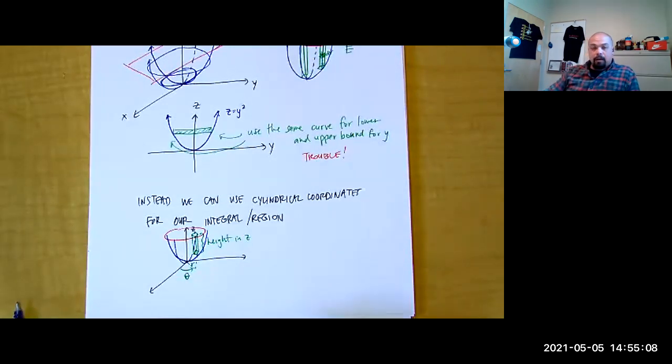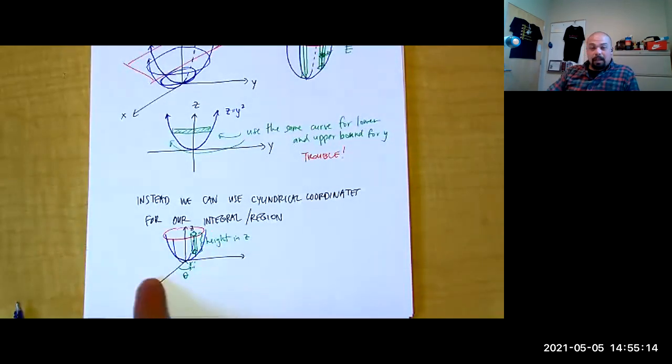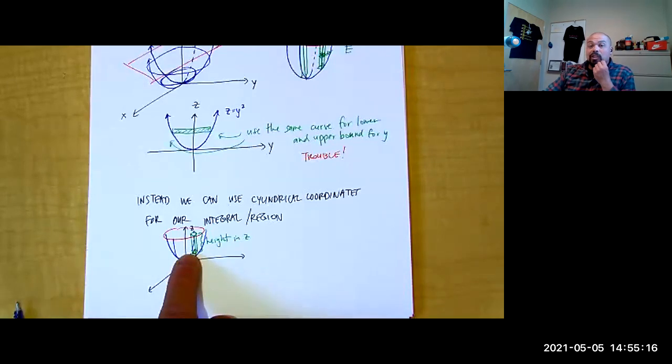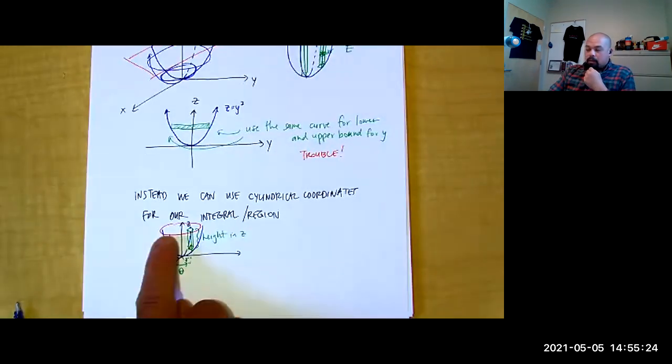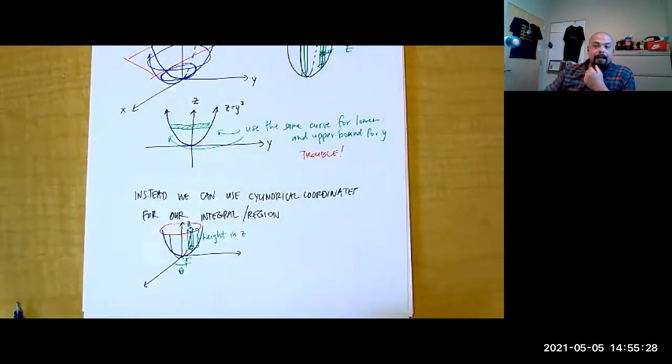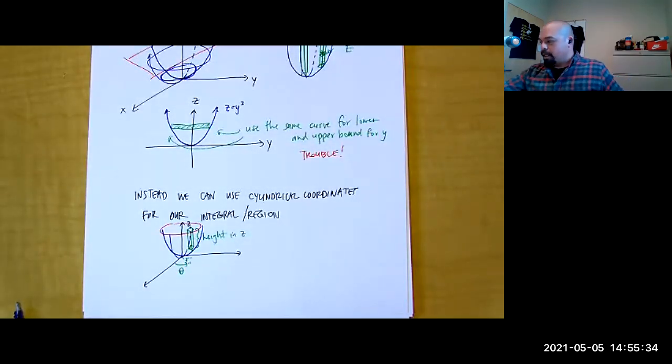I can locate that particular location of my column wherever I happen to be with its r. How far out am I? Close to the z-axis, close to the origin? Am I further out? I can use that radius to tell me that. Am I along the x-axis, y-axis, negative x-axis? That theta can show me that information. Okay. So in this case, let's go back to it.